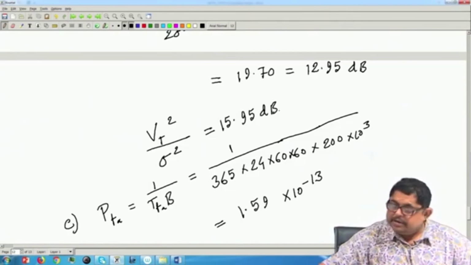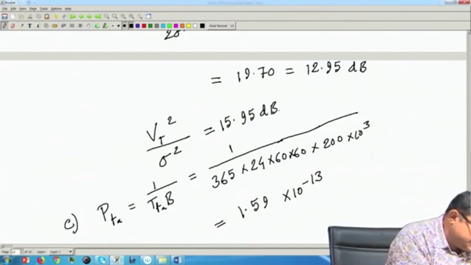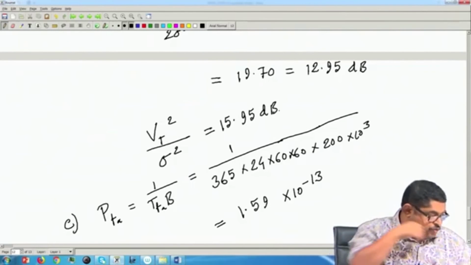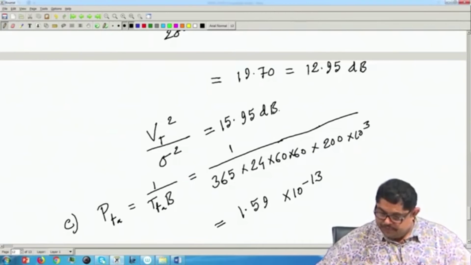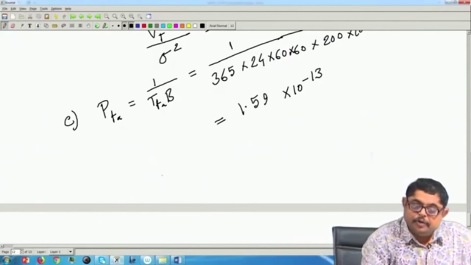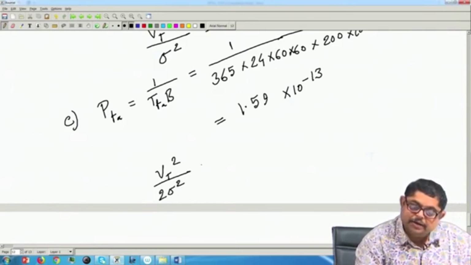Now, it is 10 to the power minus 13. Okay.